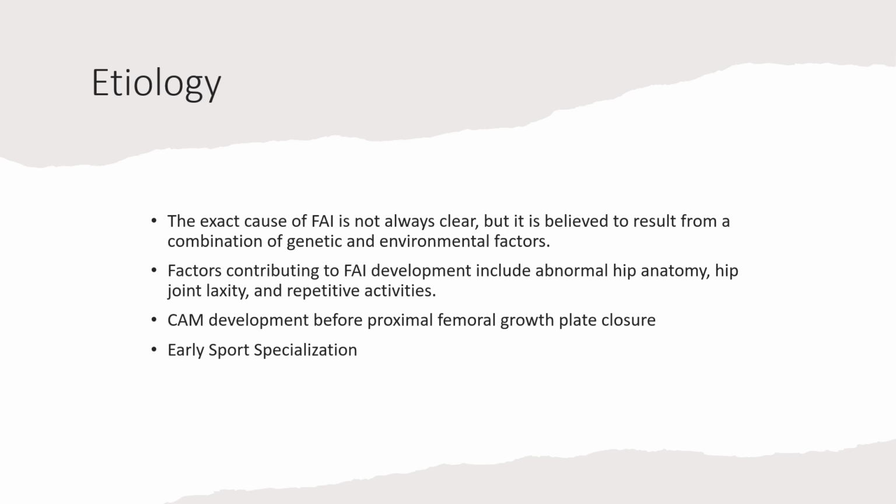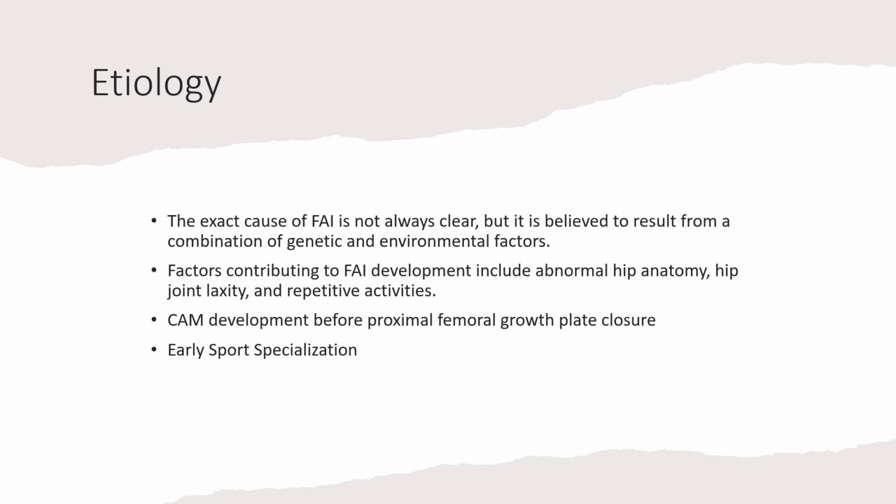Etiology. The exact cause of FAI is not always clear, but it is believed to be from a combination of genetics as well as environmental factors, right? So it could be that repetitive squatting from an environmental standpoint, or genetically could be some hip dysplasia, okay?